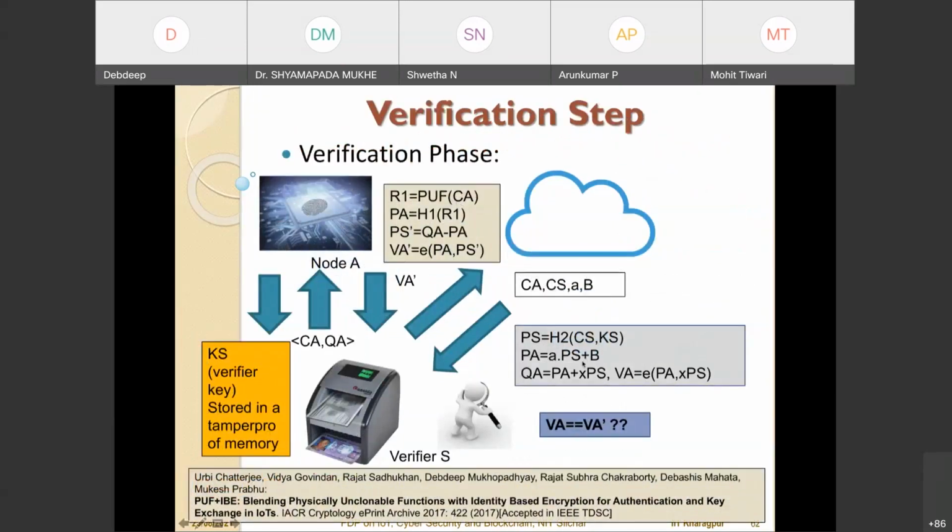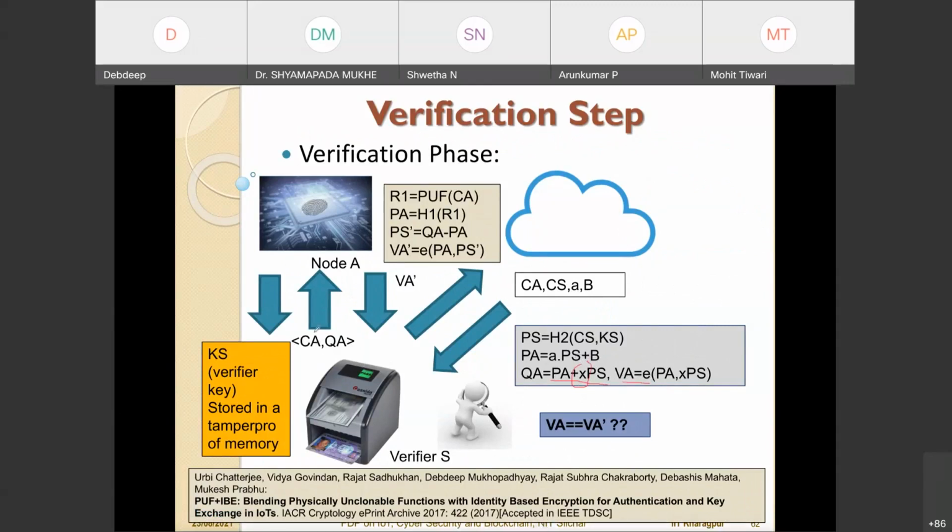So therefore the verifier can create an input challenge called QA by applying some kind of formulation by generating a random X, and it expects a corresponding response to that.